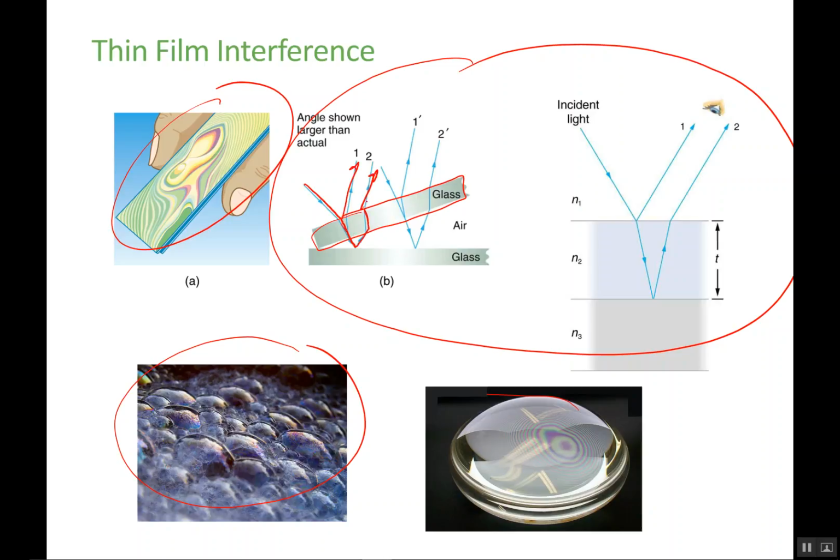So you have refraction and reflection occurring at each boundary between the air or water or whatever the surrounding media is and the thin film of material that we're interested in, whether that be glass or, in the case down here, soapy water.